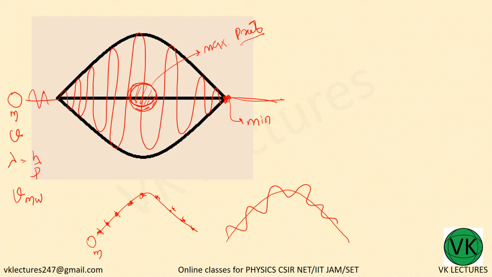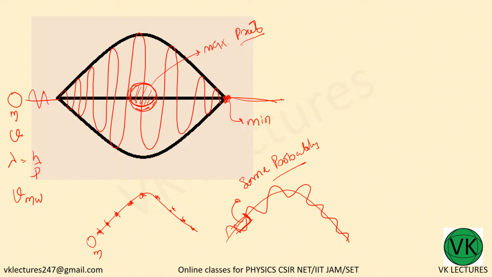I can just tell that at this particular point I can find the particle with some probability. I cannot say exactly at this particular point the particle exists. I can say within this region there is some probability of finding the particle.